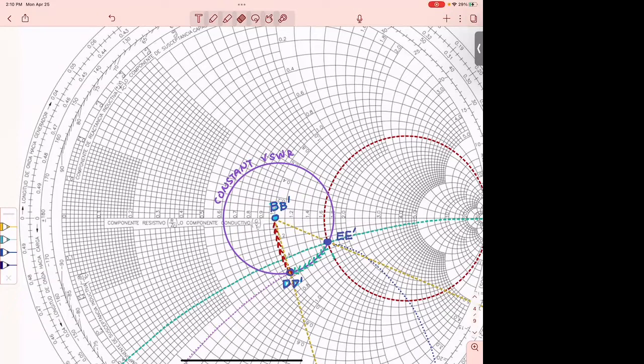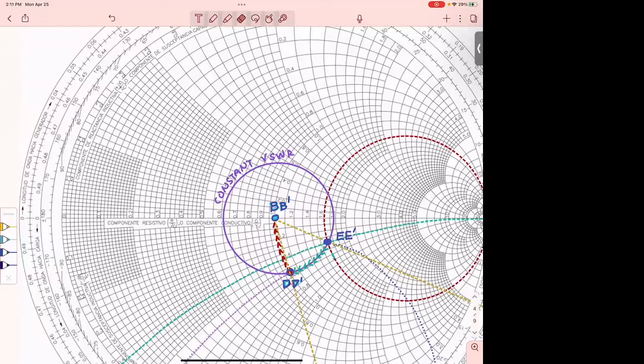So I know that I have to move along this, and I have to move as long as I need to get to the center of the chart. So practically on the Smith chart, I know I have to do 2 things: move along the constant VSWR circle from here to there, and move from DD prime to BB prime.